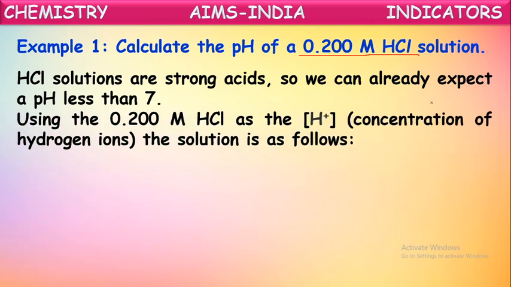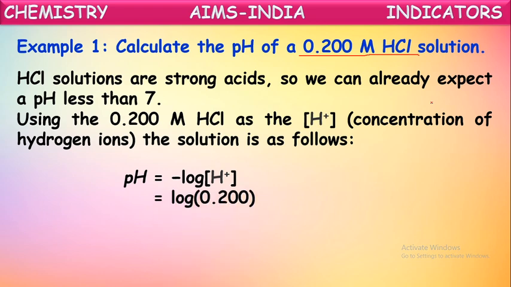Using 0.2 molar HCl concentration as the concentration of hydrogen ions, we can find pH by using the formula pH is equal to minus log of H plus ion concentration. So if you substitute the hydrogen ion concentration as 0.2, we get minus log of 0.2, because H plus ion concentration is given as 0.2 molar.